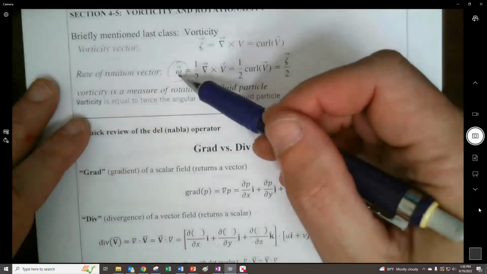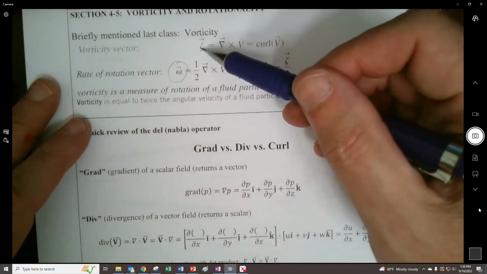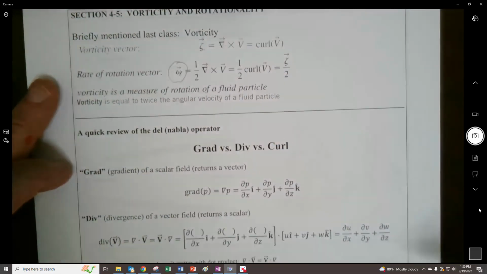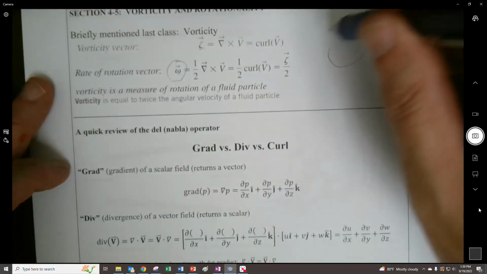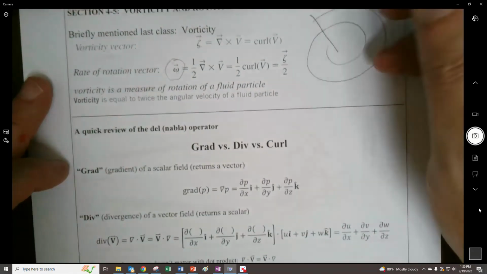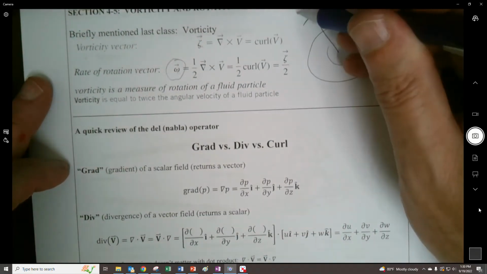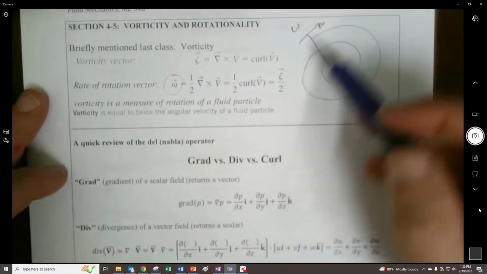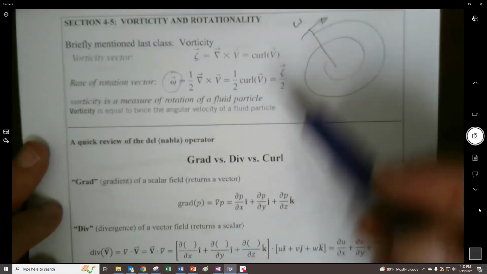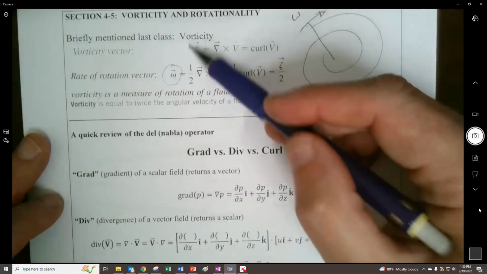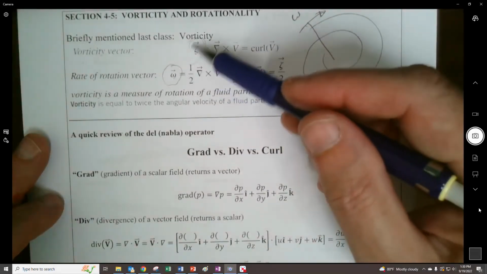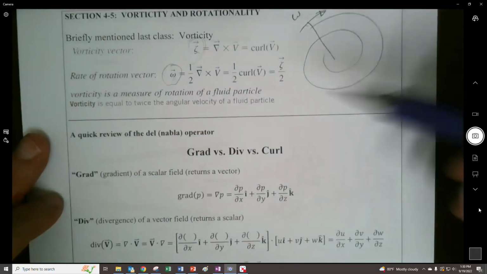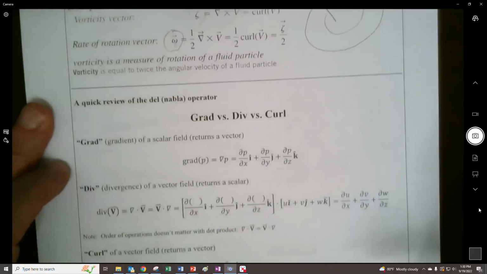So this actually has some more physical meaning than this one does, or is easier to appreciate, that if you want to try to figure out how fast it's going in that direction right there, that angular velocity, we could actually find the actual value for it. So this is like an idea that we want to describe vorticity. Here's actually a measure of the thing, and they just happen to be only 1/2 of the other.